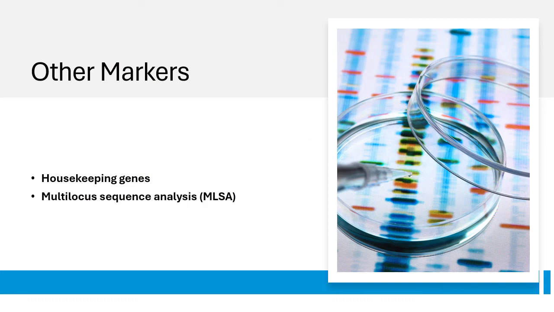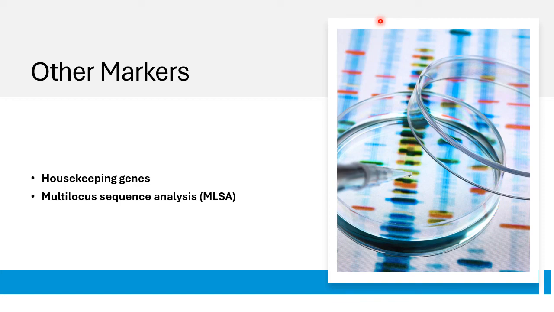We have other markers which are called housekeeping genes. These are genes involved in essential cellular functions and they are present in all organisms. Examples include genes encoding for elongation factor, RNA polymerase subunit, and DNA gyrase subunit, and so on. These housekeeping genes can be useful for deeper phylogenetic analysis within specific groups.